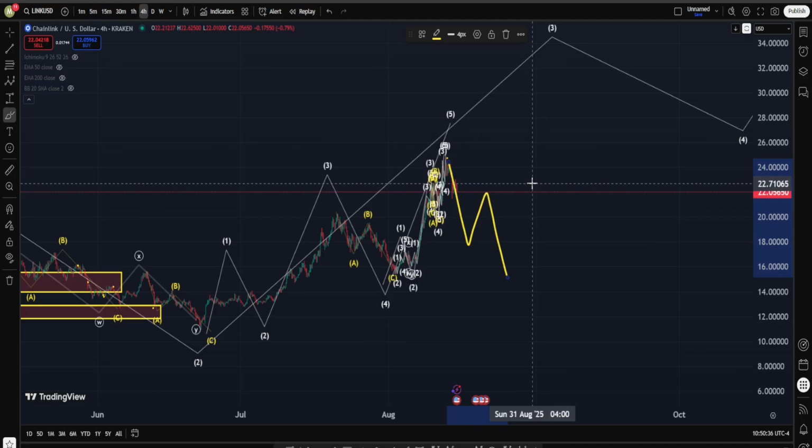From the current point, if we get even a 20% move on the downside, we shouldn't really be worried at all. It's just going to be part of the bullish process.